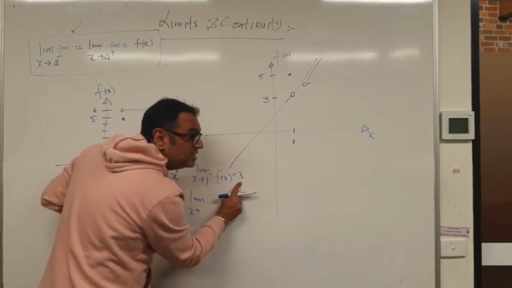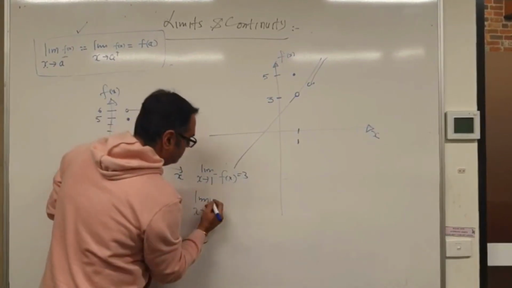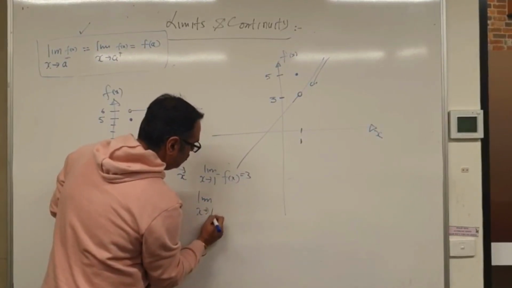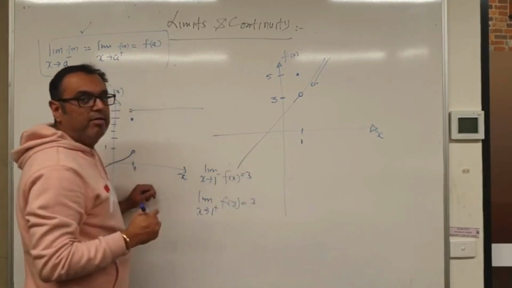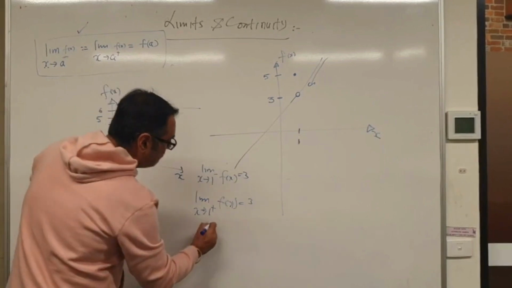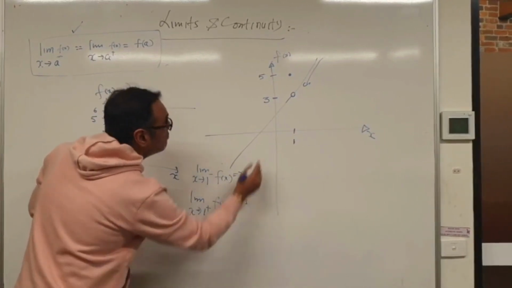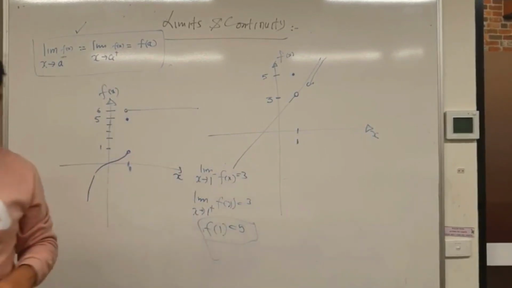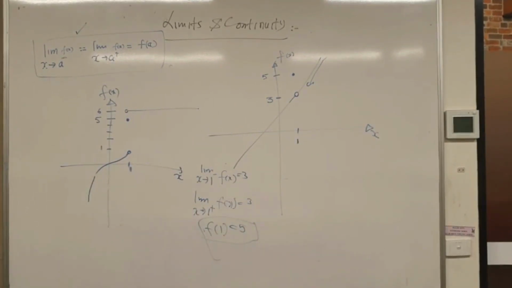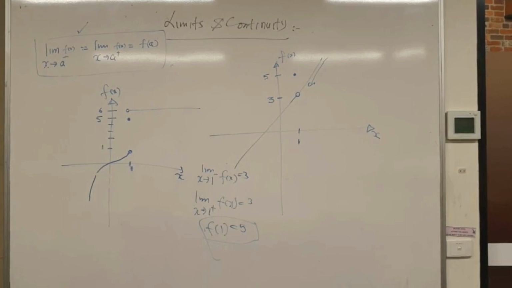This is the limiting value. As x tends to 1 positive, f of x is 3. But what is f of 1? f of 1 is 5. That's the problem, and that means the function is not continuous.